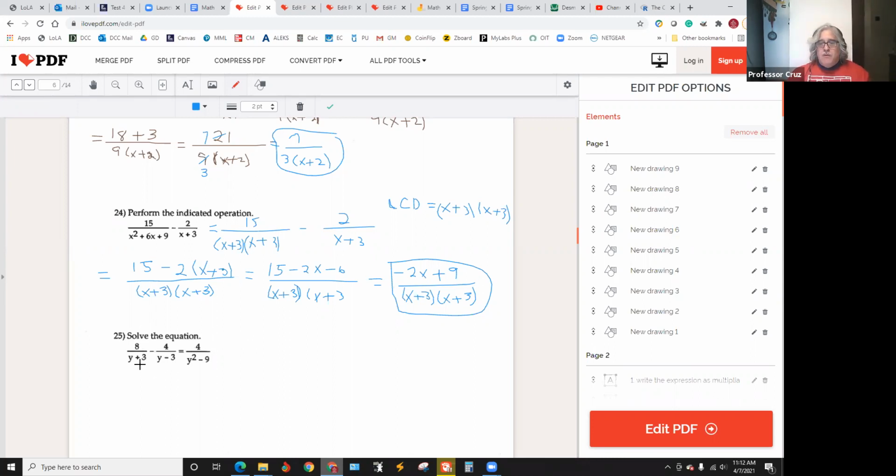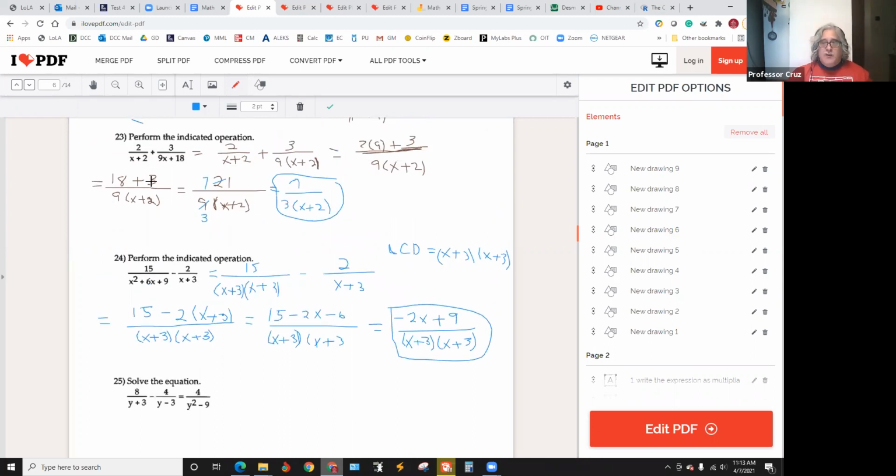You could proceed like we did here and find an LCD and then make everything have the LCD, and then go ahead and solve the numerator, and then the denominator you could take out any common factors with it.